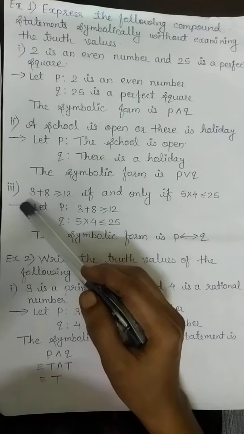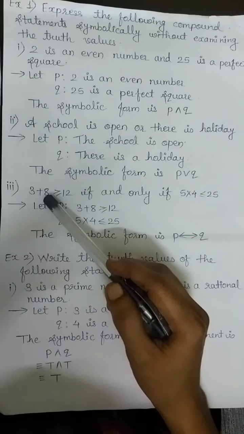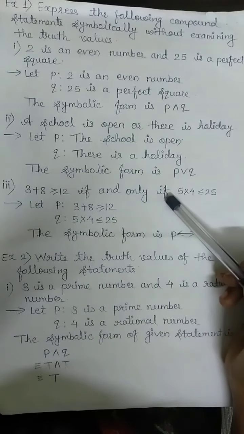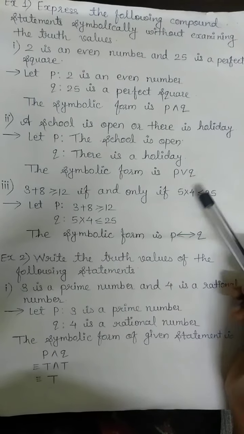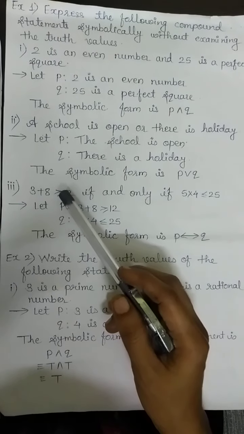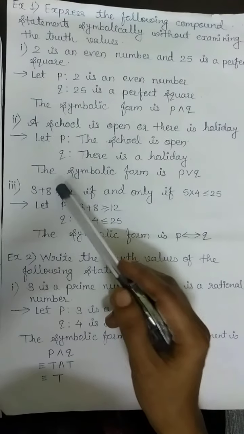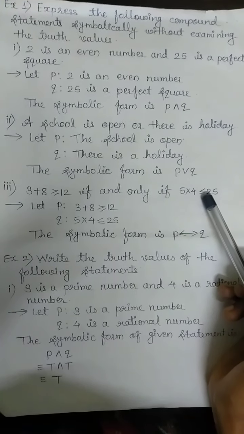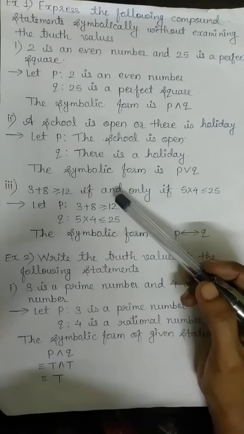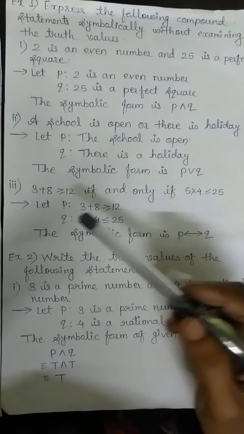Now third example: 3 plus 8 is greater than or equal to 12 if and only if 5 into 4 is less than or equal to 25. Even though we have mathematical notations here, we can write this compound statement in two simple statements.